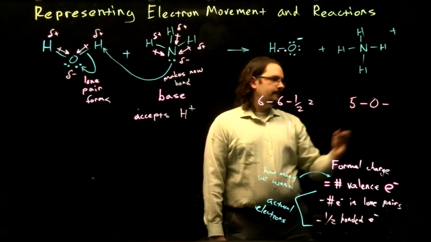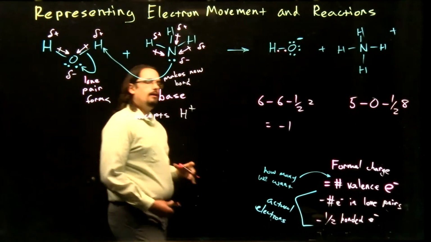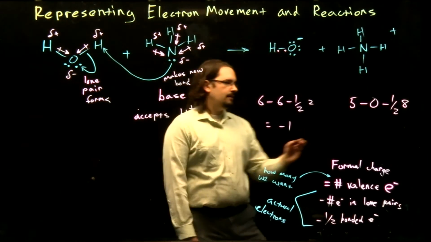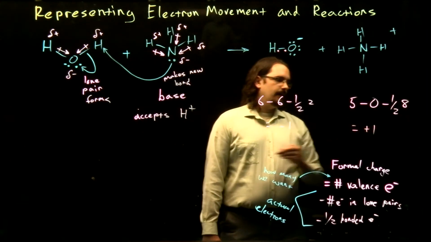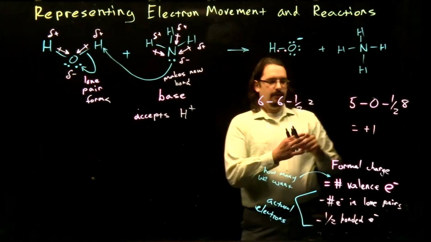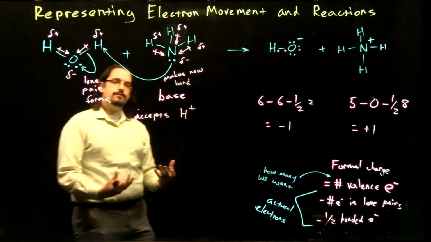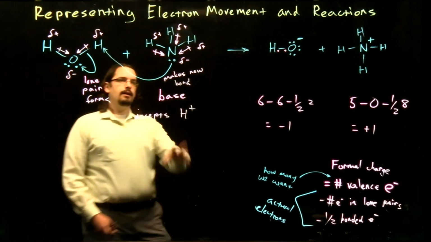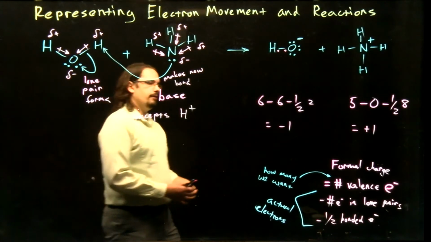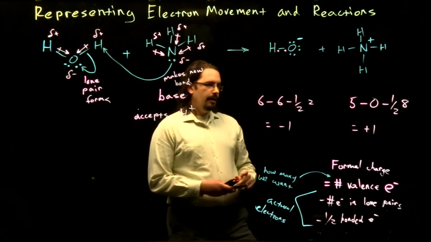We have 4 bonds with 2 electrons each, so that's 8 bonded electrons. We assume that we get half, roughly, of the share of those bonded electrons, and this gives us +1 overall. So our nitrogen actually is the one that has the brunt of that low electron density, that positive charge, because again, it used its electrons in order to make that new bond with our hydrogen. So we get this +1 formal charge.